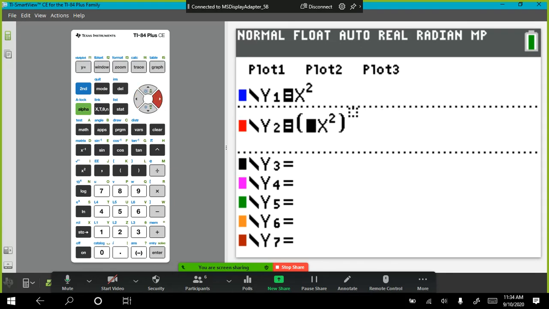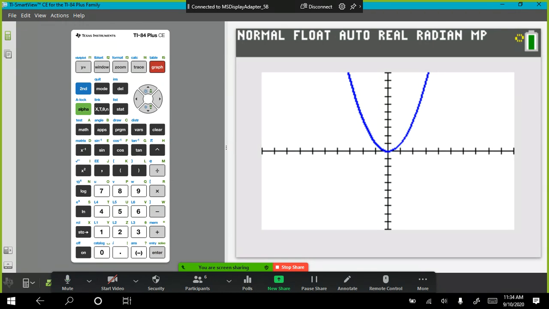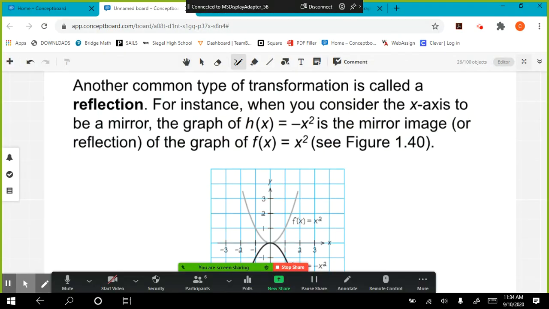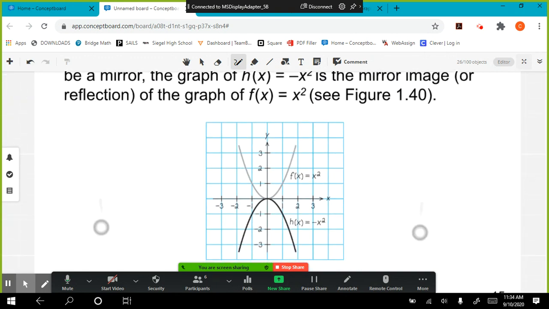My fingers are too big for this computer. Clear that out. If I have negative x squared, and then I add 5, what that's doing is the plus 5 is going to move it up 5 units, and the negative out in front of the x squared is going to flip it upside down. So there's the parent function. Notice it's flipped upside down and moved up 5 units. Okay, so that's what's happened when we make that negative. It puts the mirror image across the x-axis.